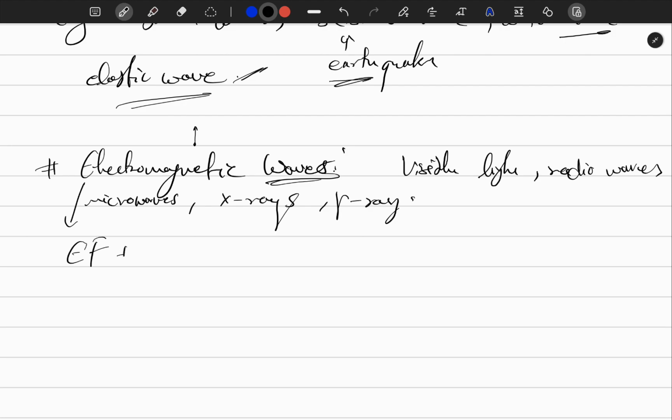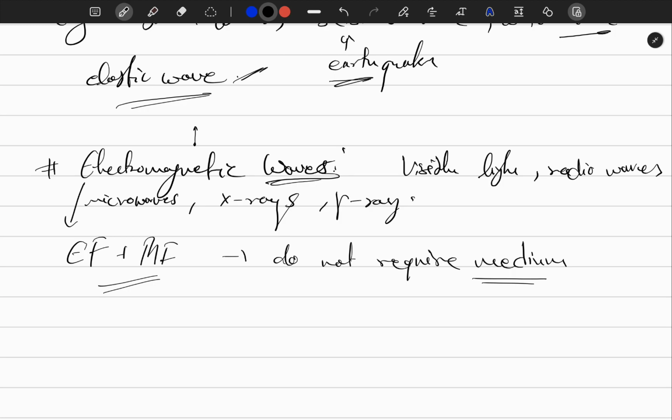Electric field and magnetic field. And they do not require a medium for their propagation. So electromagnetic waves can travel through vacuum also.